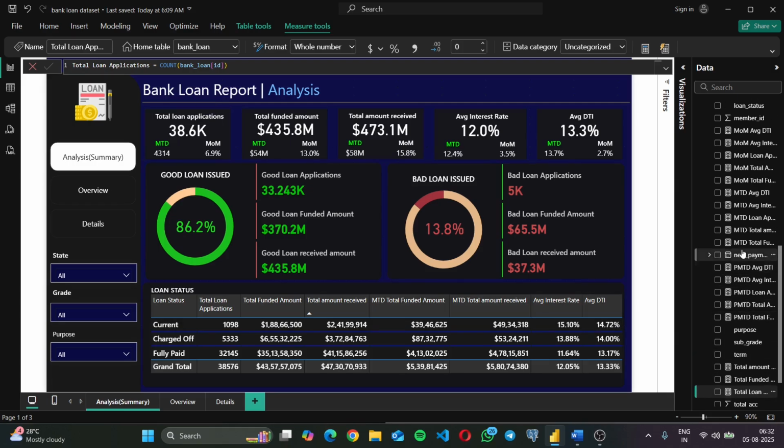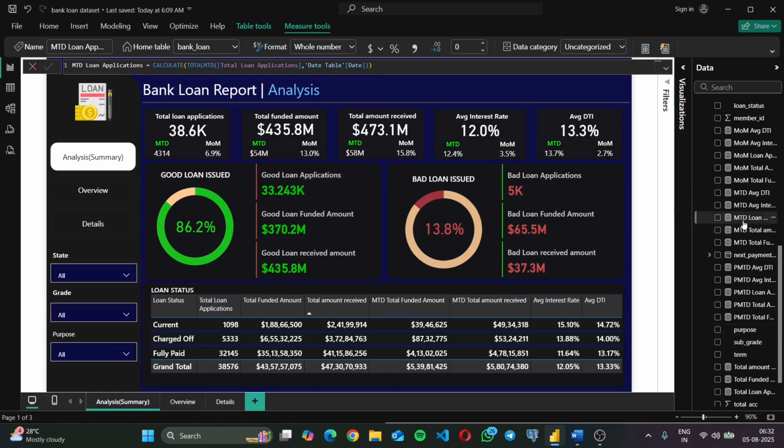Then I move towards month to date loan applications. Here I calculated month to date loan applications using the total loan application DAX measure which we created previously, and segregated it using the date column here.